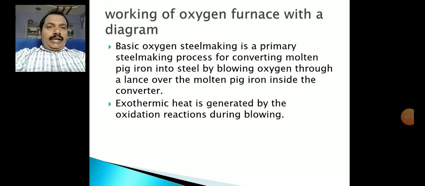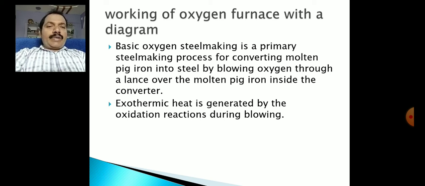Now let us see the working of the oxygen furnace with a diagram. So the basic oxygen steel making is a primary steel making process for converting molten pig iron into steel by blowing oxygen through a lancer over the molten pig iron inside the converter.